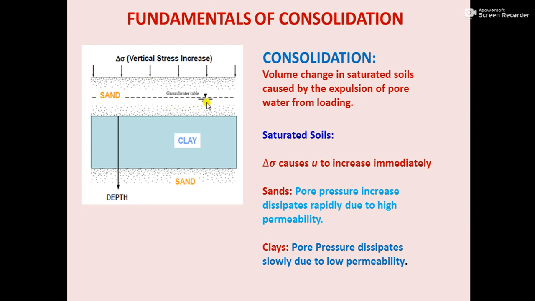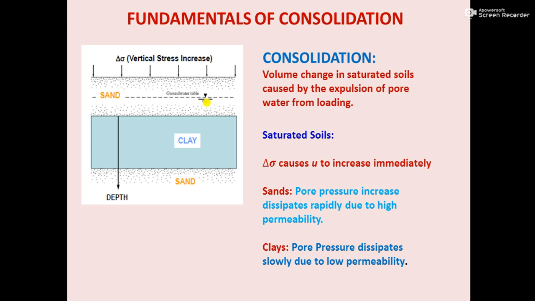Although the delta sigma pressure will be coming to the sand, as you know the permeability of sand is very high. That means the water can flow through the sandy soil very easily. So whenever there is a stress increase, the water will easily be able to go out of the sand because of its high permeability.